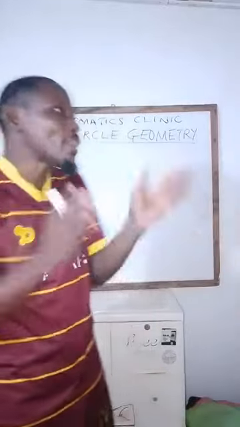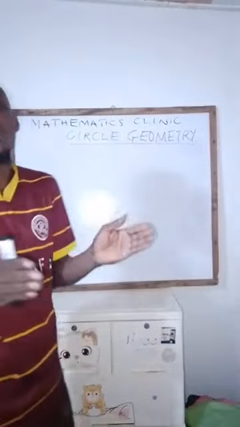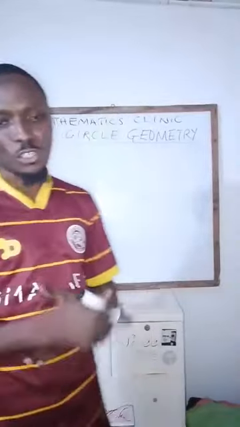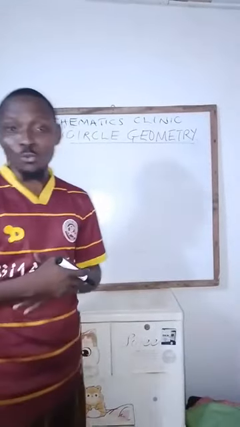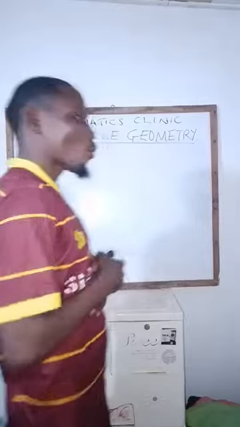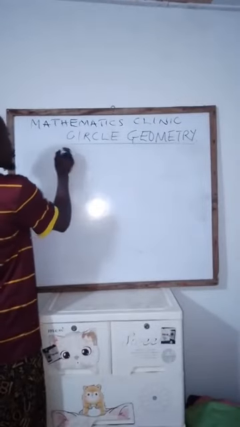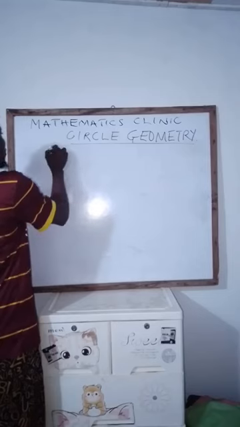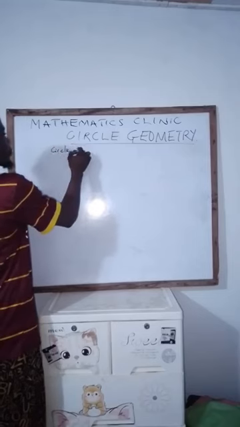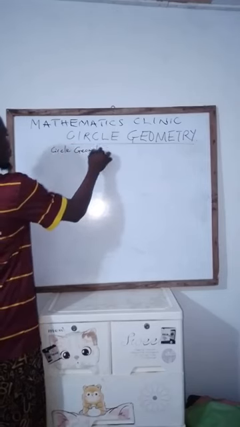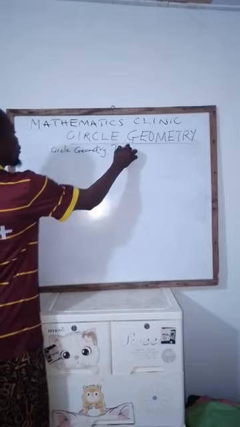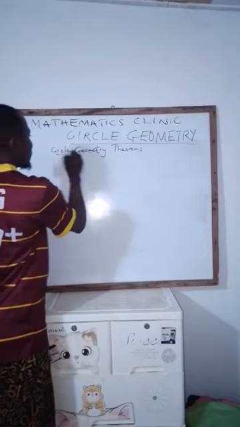There are basically 7 theorems attached to circle geometry. If you are able to understand these 7 theorems, you will be able to solve any circle geometry question. Yes, I said so. Let's go. What are the theorems attached to circle geometry? Let me call them circle geometry theorems.